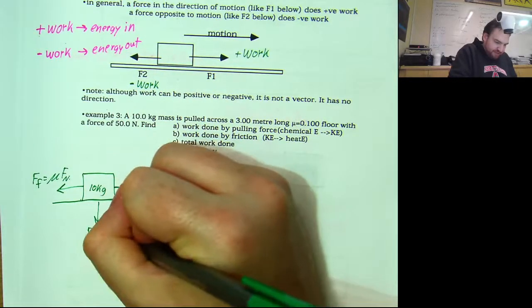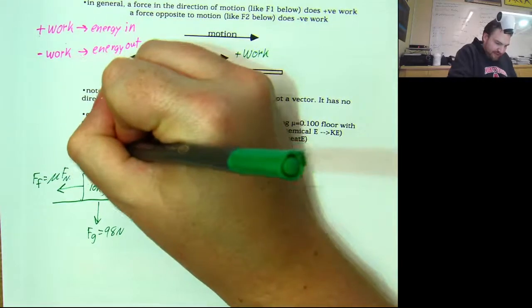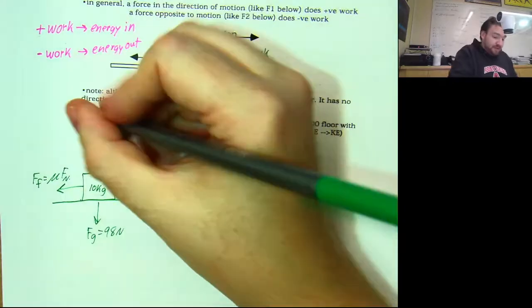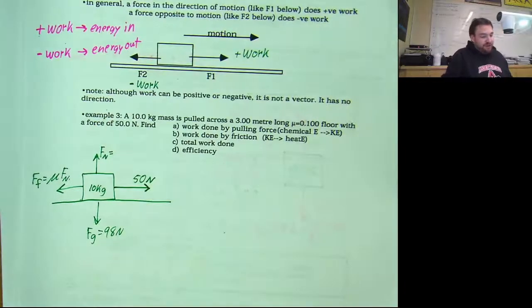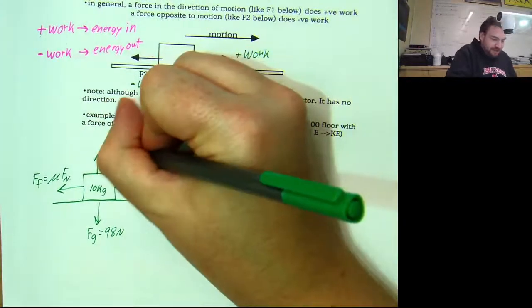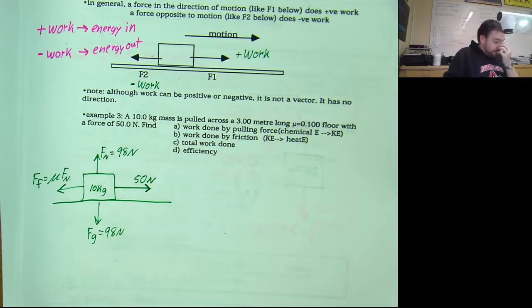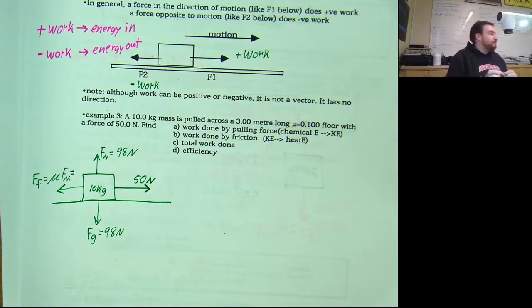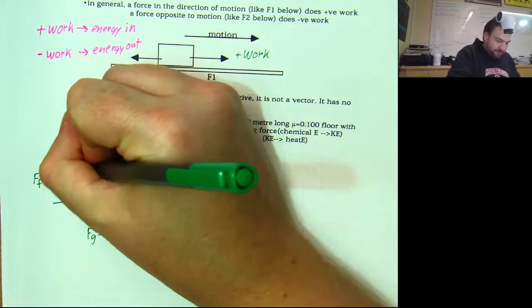Fg is 98 newtons. Fn is acting up. It's acting up because our surface is flat. Because our surface is flat, it's equal and opposite to Fg, so it's also going to be 98 newtons. So we can use this to find our value for friction. So what's our friction force? 0.1 times 98. It's 9.8 newtons.